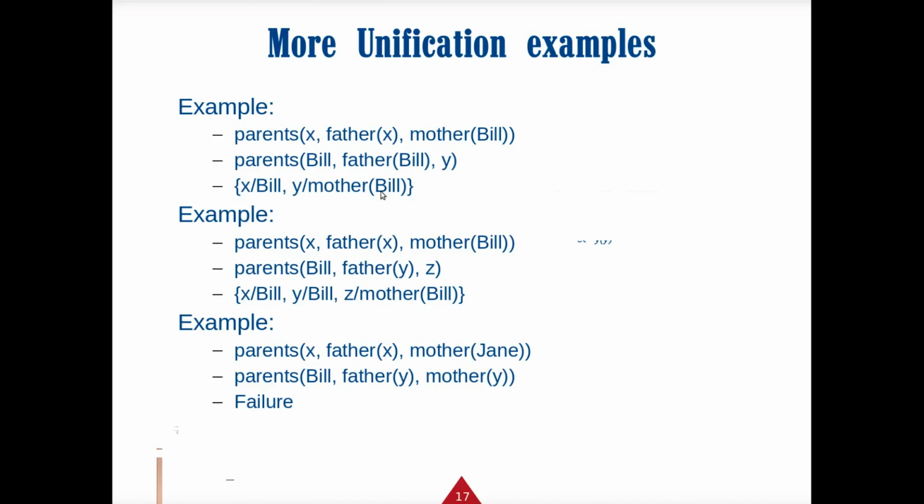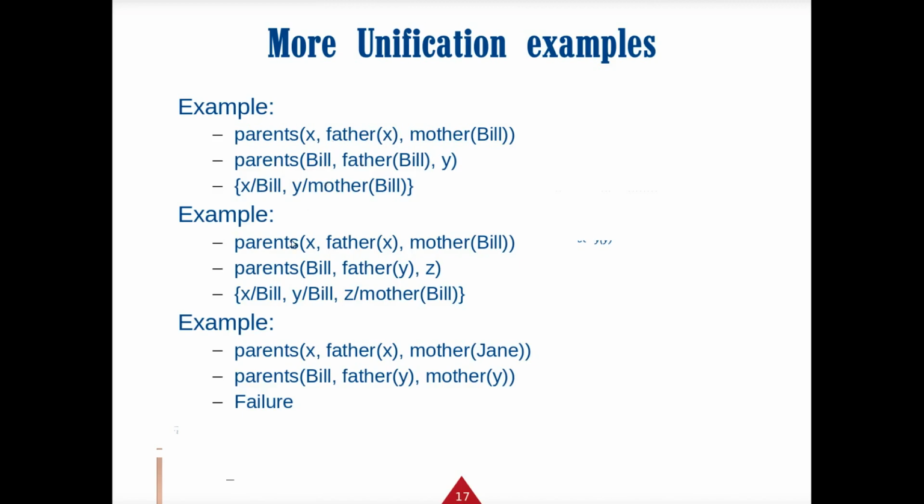The way we get that is basically by passing these values in. So we know in here we have x, this is equivalent to Bill, and we have father of x, which is the father of Bill, and we have the mother of Bill, which is y. So in this case, we know that y is the mother of Bill, and that x is Bill.